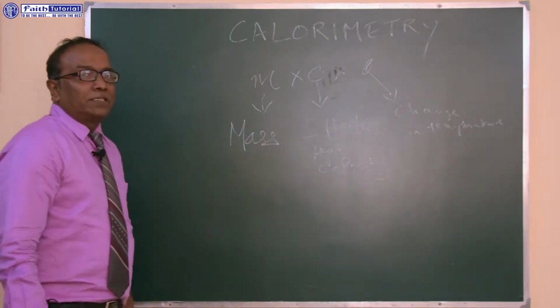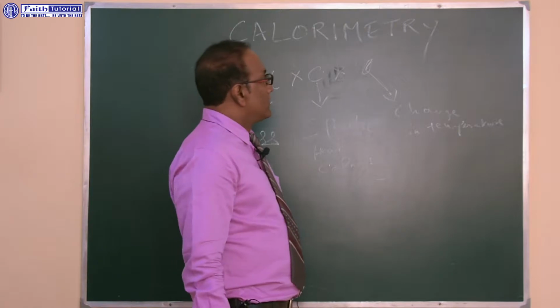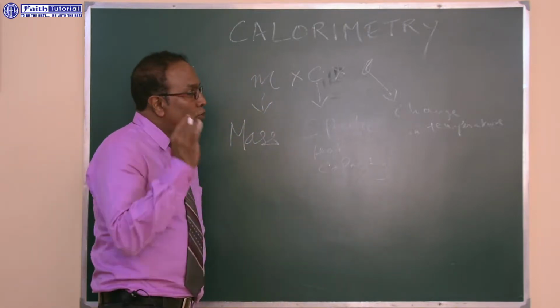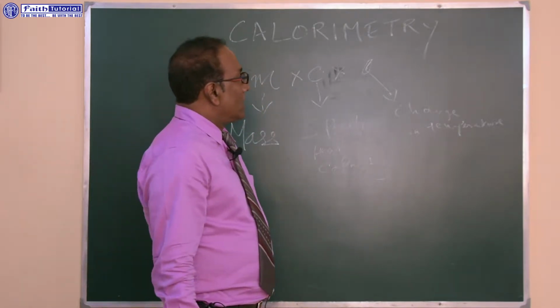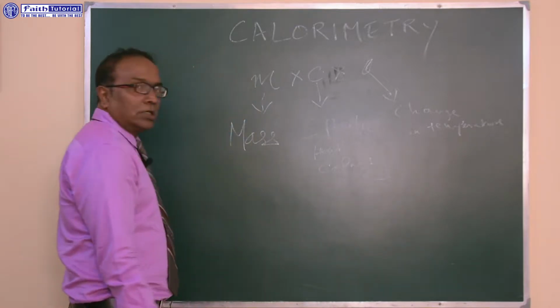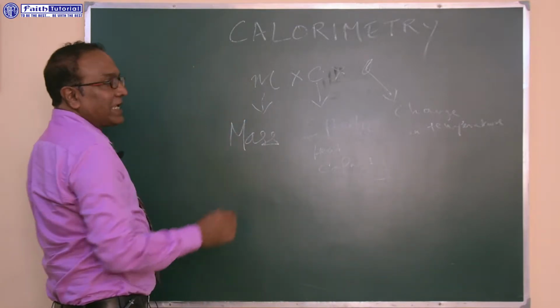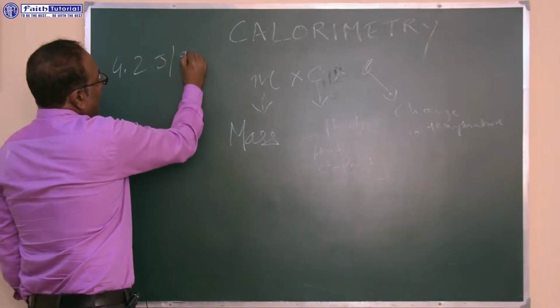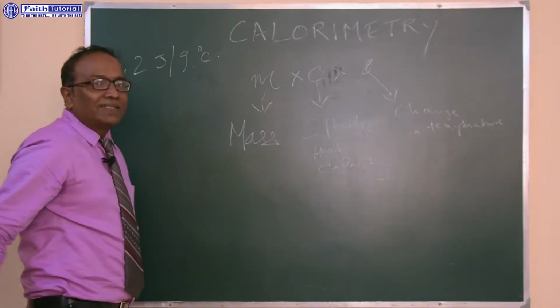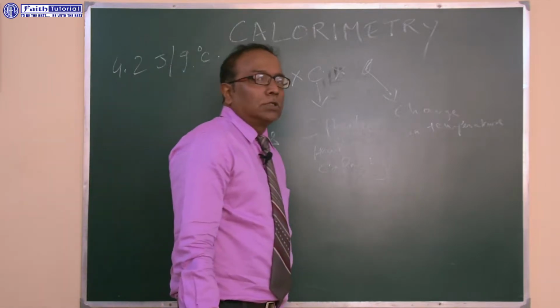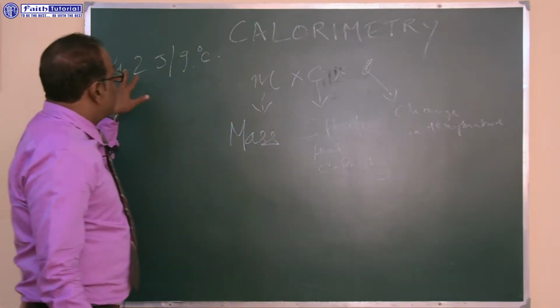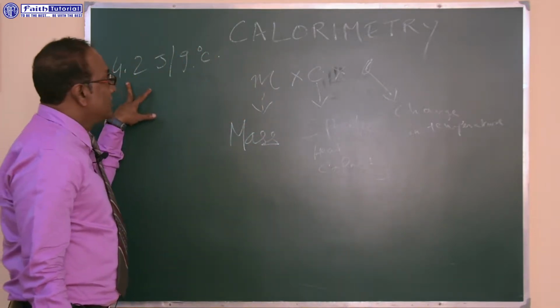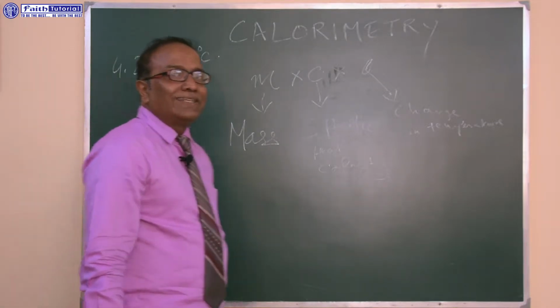What is specific heat capacity? All bodies absorb heat to a certain limit. For example, the specific heat capacity of water is 4.2 joules per gram per degree centigrade. It means that 1 gram of water absorbs 4.2 joules of heat to raise its temperature by 1 degree centigrade.